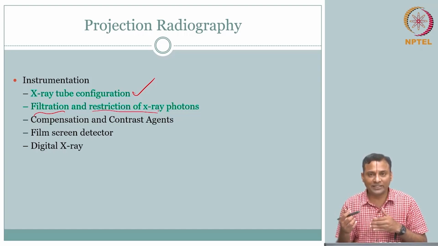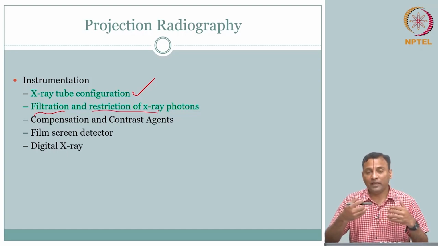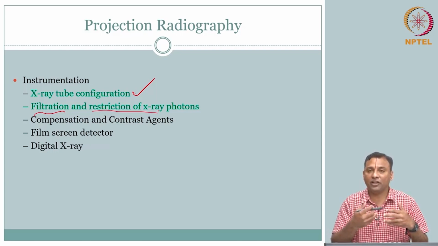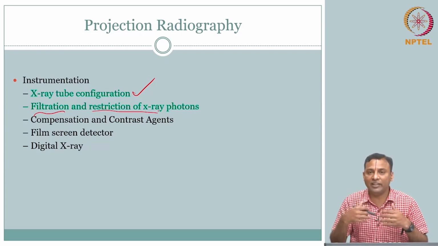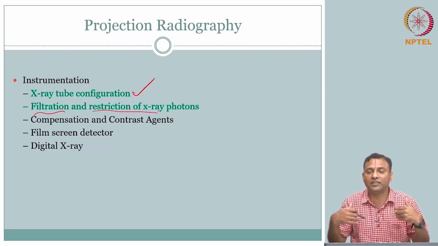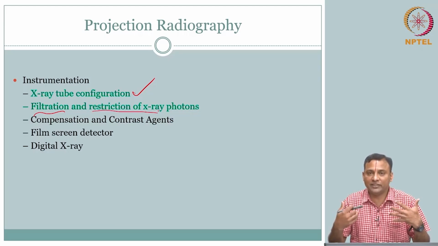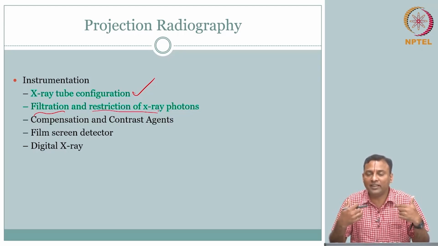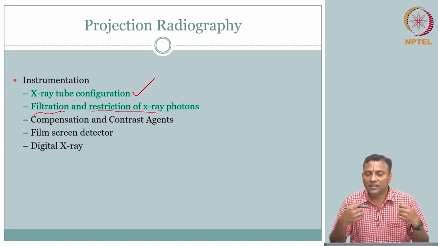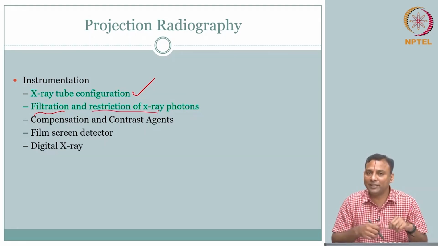So in some sense, even though the interaction of the X-rays that are coming with the tissues, right, the object, that itself is governed by physics, our job here as engineers is to maximize the signal, minimize the noise, right?